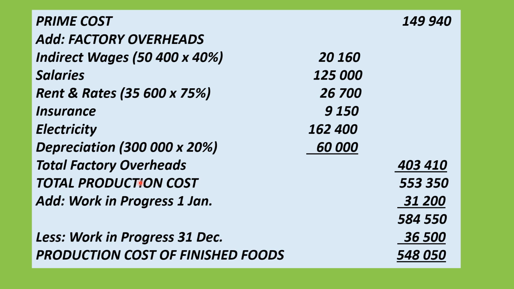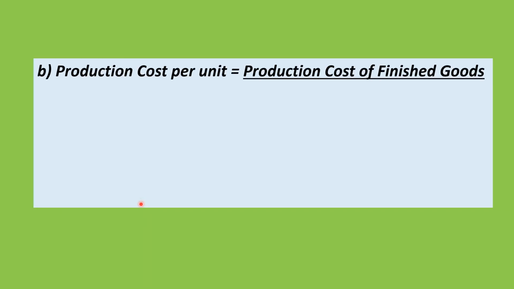Okay, so let's move on to the next part of the question, which is really costing. Simple question. Part B requires us to calculate the production cost per unit. The production cost per unit is equal to the production cost of finished goods, that's the last line on the manufacturing account, divided by the number of units produced.